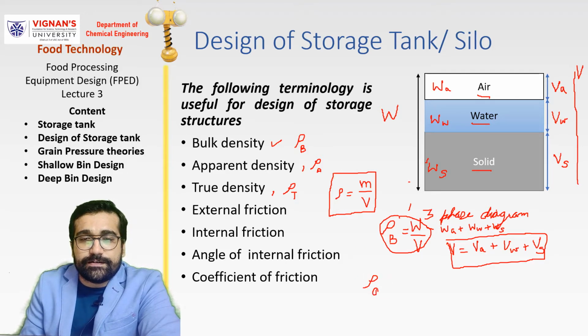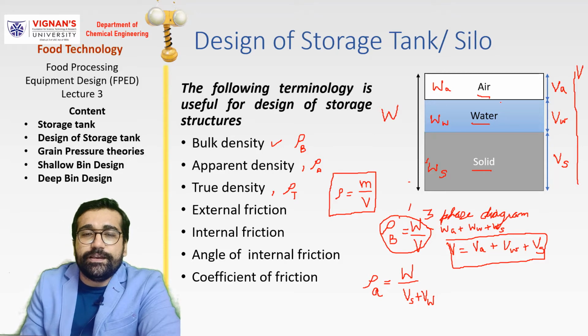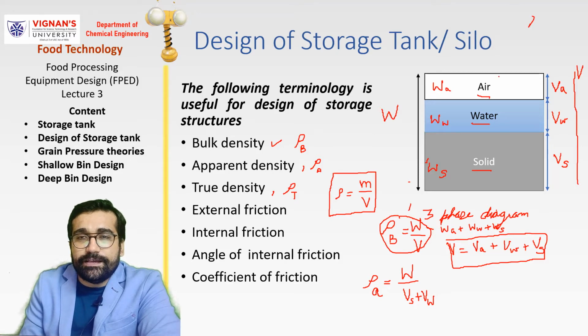Now let's talk about apparent density. What is rho A? In case of apparent density, the upper value will be the same, weight of whole material, divided by volume of solid plus volume of water. So in case of apparent density, we will not take the volume of air.